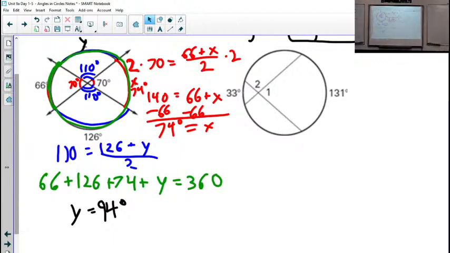If you solve either of those equations for both of them, you should get 94. Questions on that? That was the longer one. The rest of these are going to be shorter.